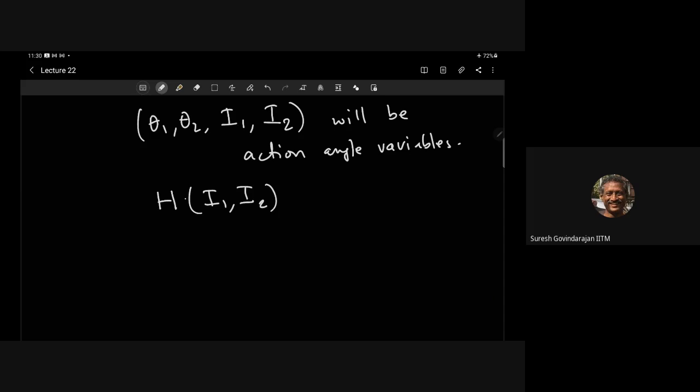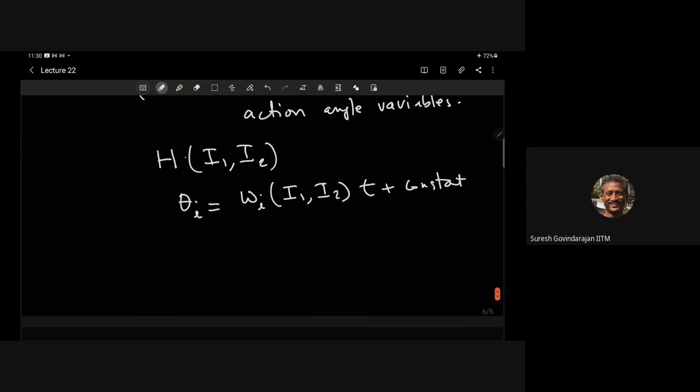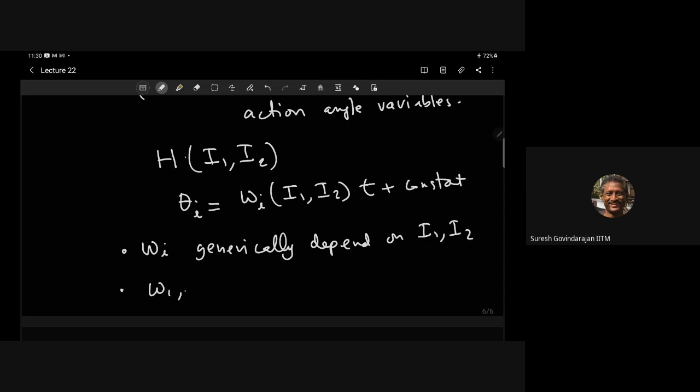And further, in general, theta I will be omega I, which will be a function of I1 and I2, times T plus some constant of integration. Okay, so what I want to point out first, as remarks: omega I generically will depend on I, and omega 1 by omega 2 need not be commensurate, need not be rational.